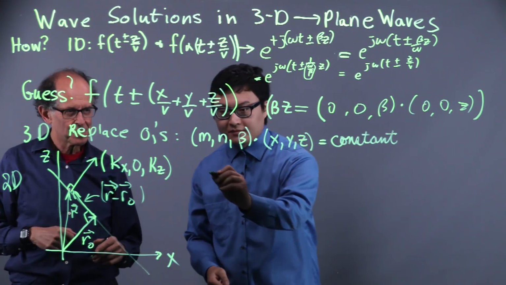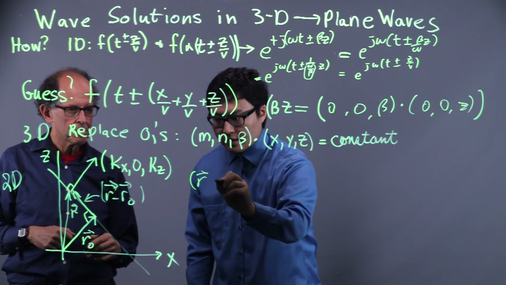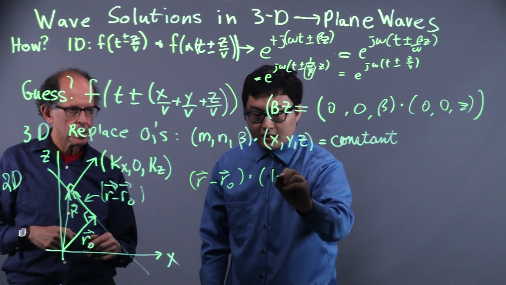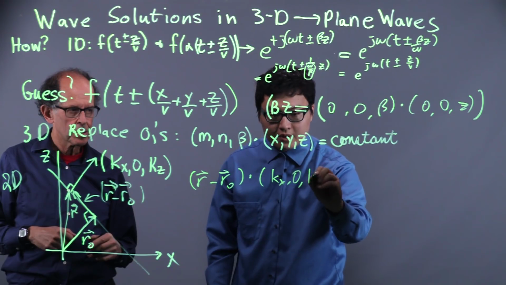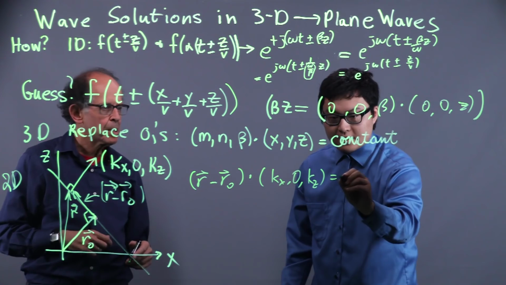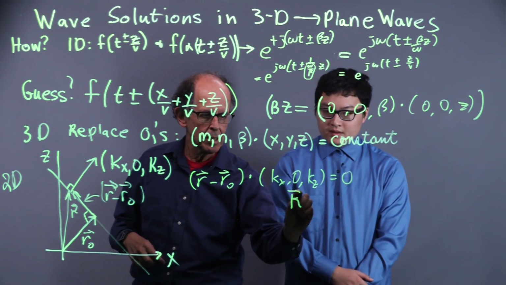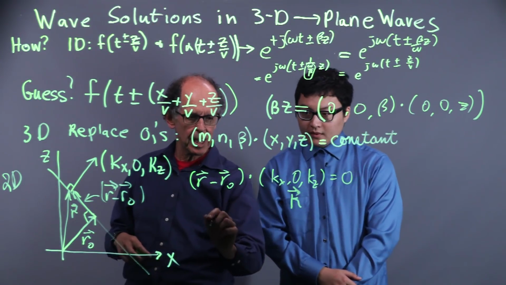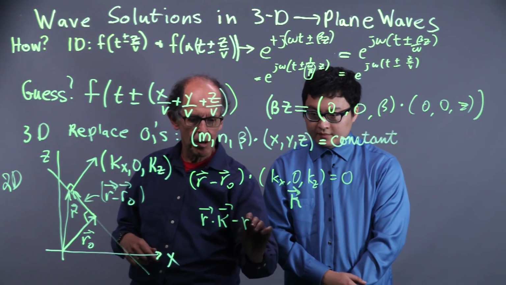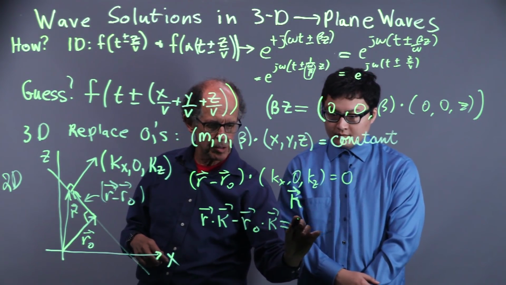Okay, let's do it. So R minus R0 dot kx, 0, kz, which is just the k vector, is 0. So this is K. So if we finish the algebra, we get R dot K minus R0 dot K is equal to 0.